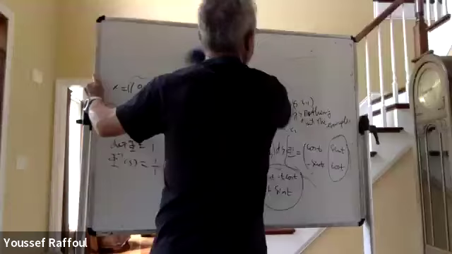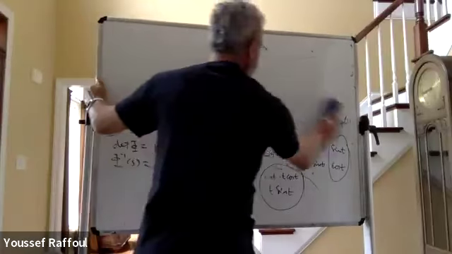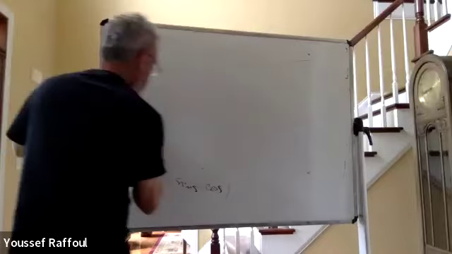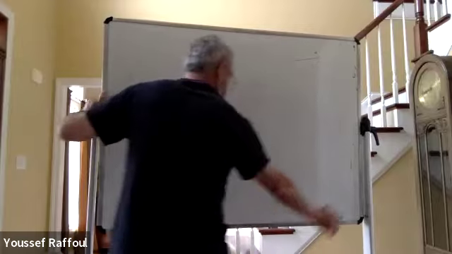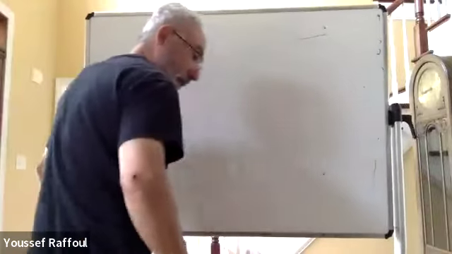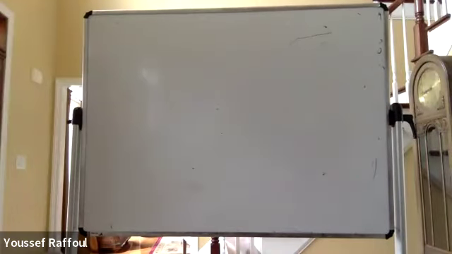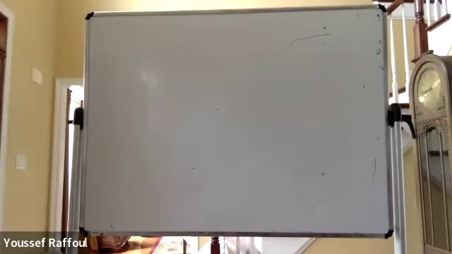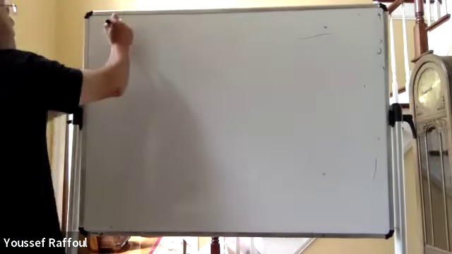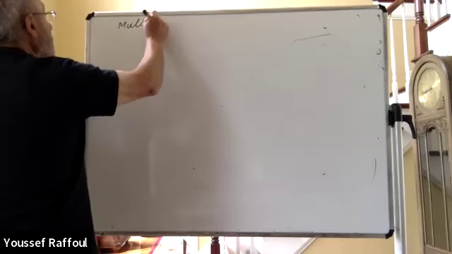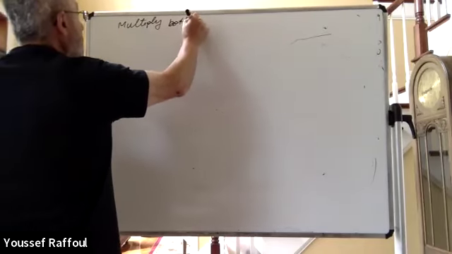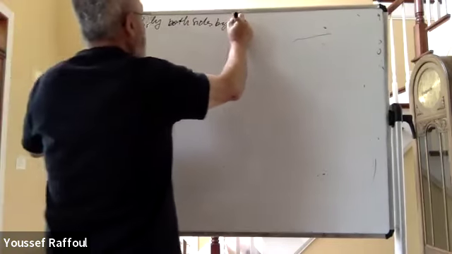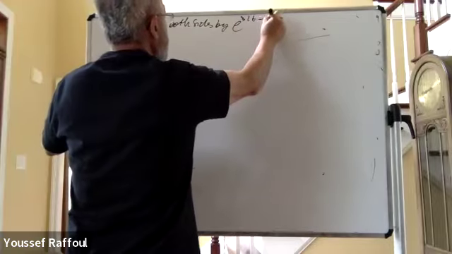So we're going to multiply both sides by e to the C (t minus t naught).